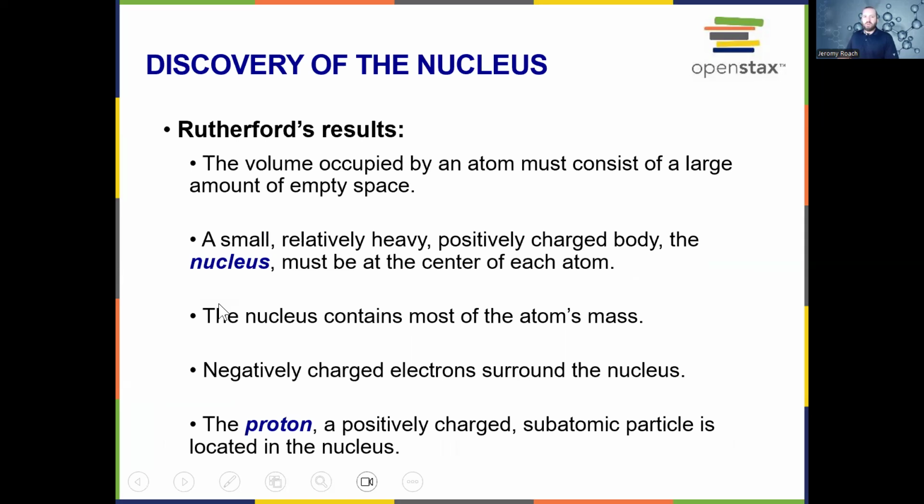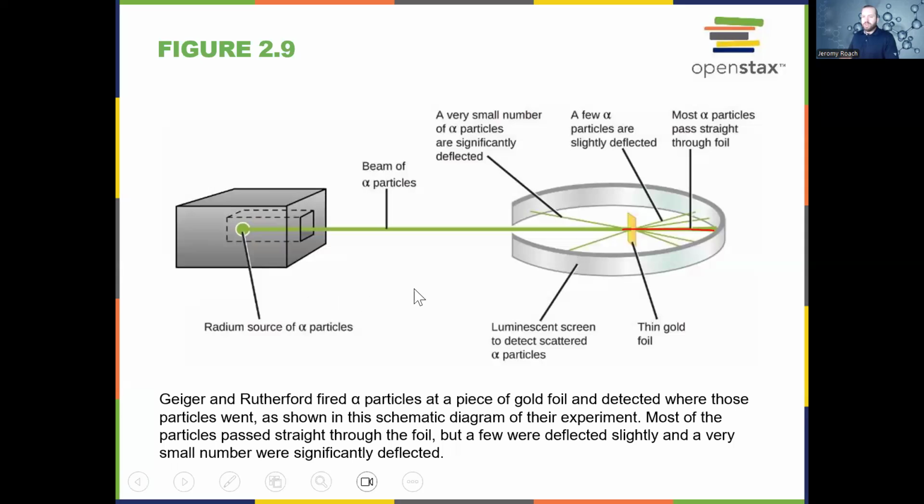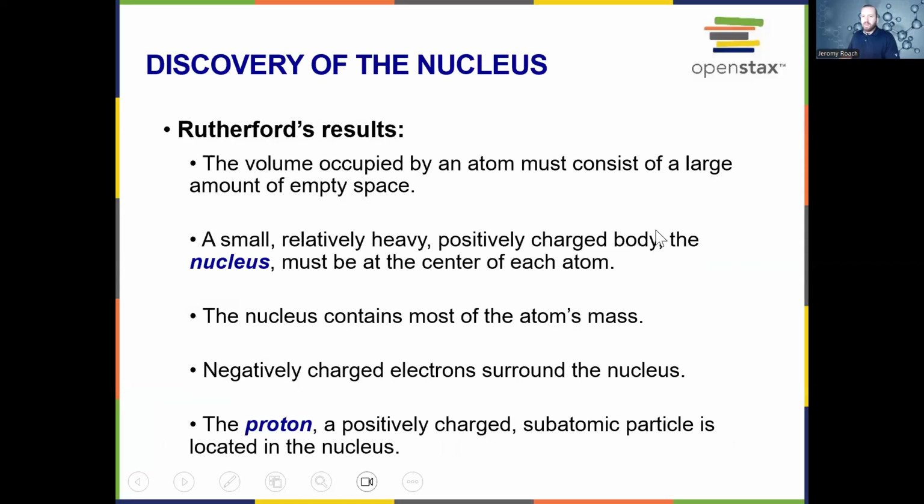So let's think about what happened in his results. He determined that an atom has to be a lot of empty space, because this foil, even though it was thin, we were still able to move particles through it. So he was thinking that if it went through, then it must have been empty space.